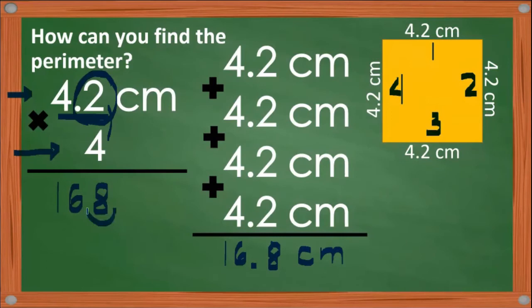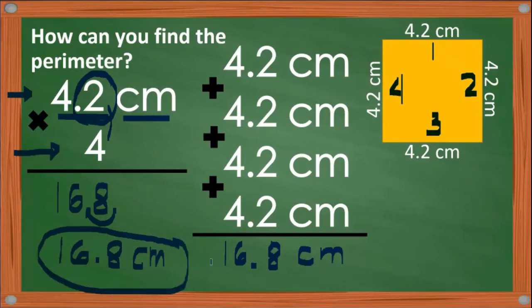Here. So, the answer is 16.8 cm. They are just the same. Ulitin ko.